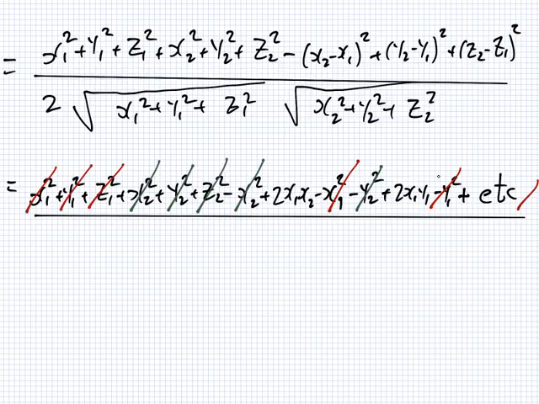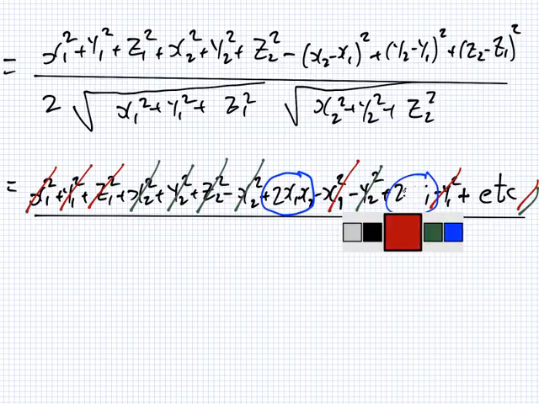This one will cancel one down here as well. So it looks like all you're left with are the middle pieces with the 2's in them, the 2x1x2. I miswrote that. Yeah, y1, y2. And then the last one is 2z1z2.